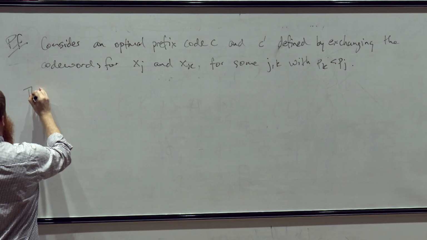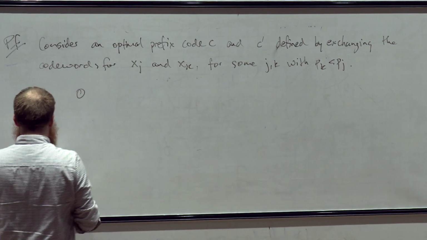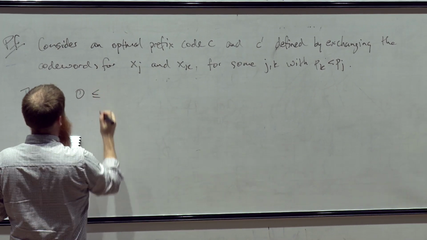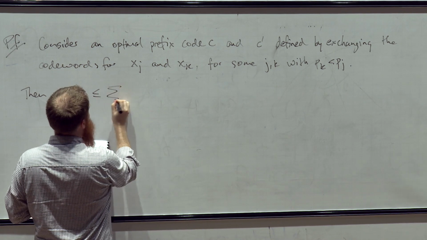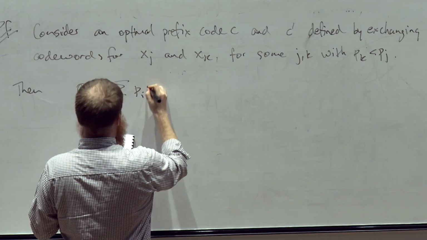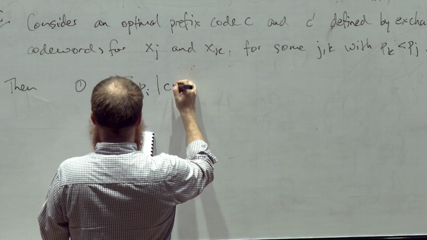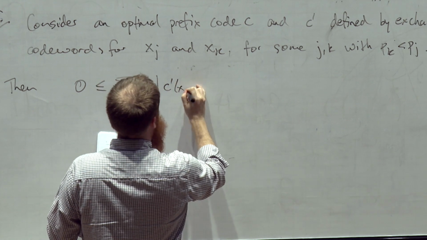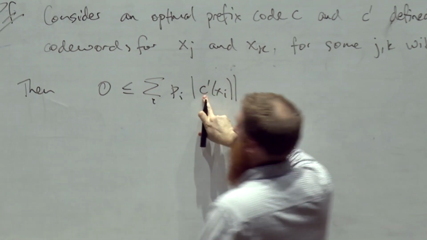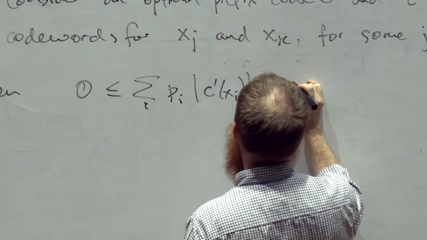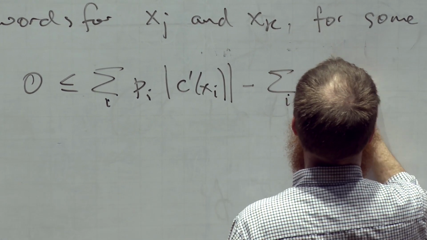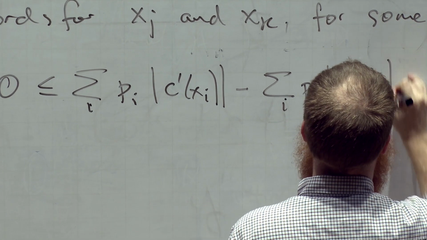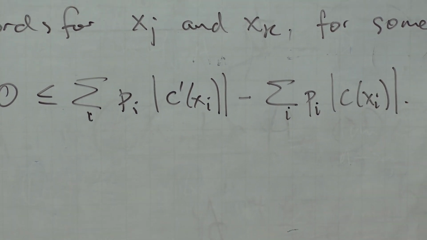Then, okay, I know that C is optimal, so the sum over i of pi times the length of C prime of xi, the average length under C prime, has to be more than the average length under C. That's just a statement of optimality.